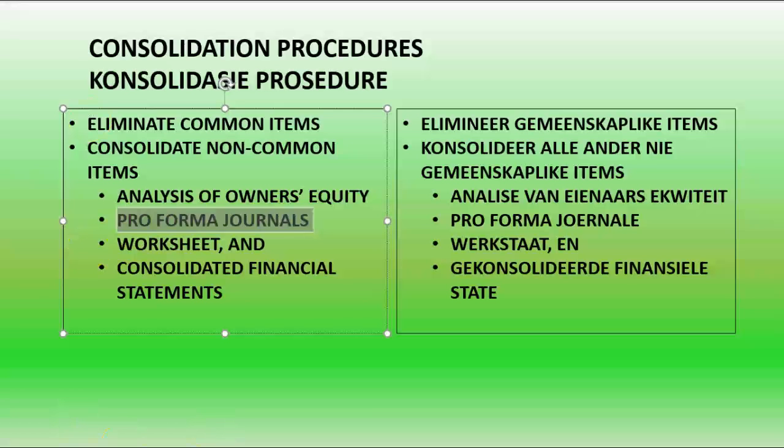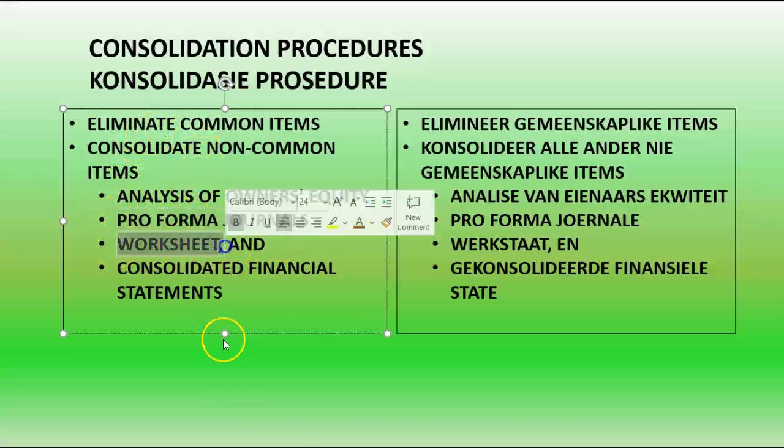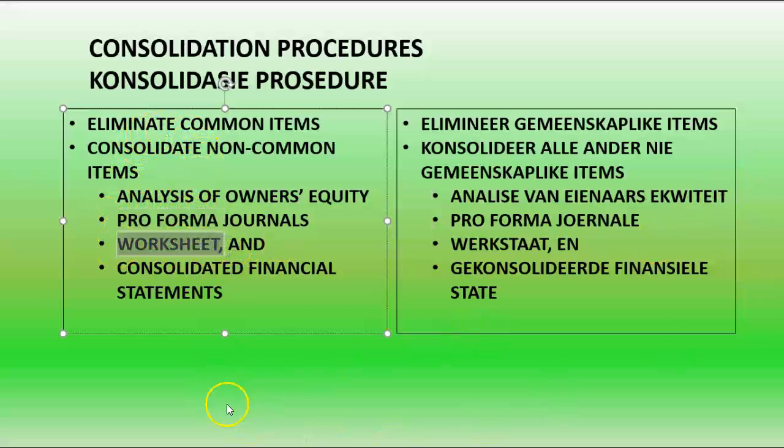So pro forma journals are journals that we do especially for consolidation purposes, and it happens on a piece of paper. Now they talk about a worksheet. Usually how you're going to go about it is you're going to have the holding company's financial statements here. You're going to have the subsidiary company's financial statements here. Then you're going to have your pro forma columns, debit, credit, where you're going to eliminate common items and things like equity of the subsidiary.